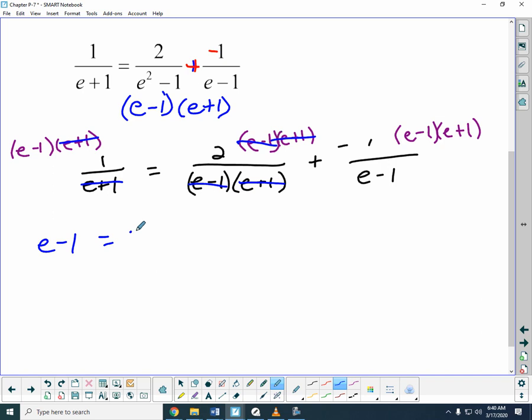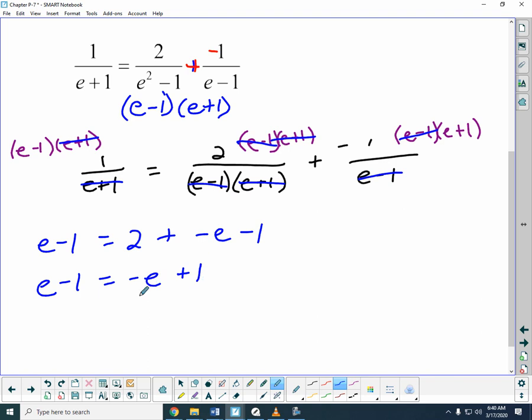And I'm left with 2 plus, the e minus 1's cancel, and I distribute the negative 1, and I get negative e minus 1. So at this point, I combine my like terms, and I get e minus 1 equals a negative e plus 1.